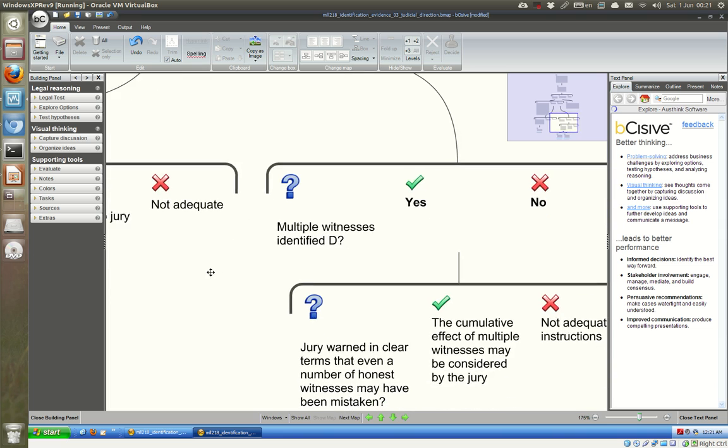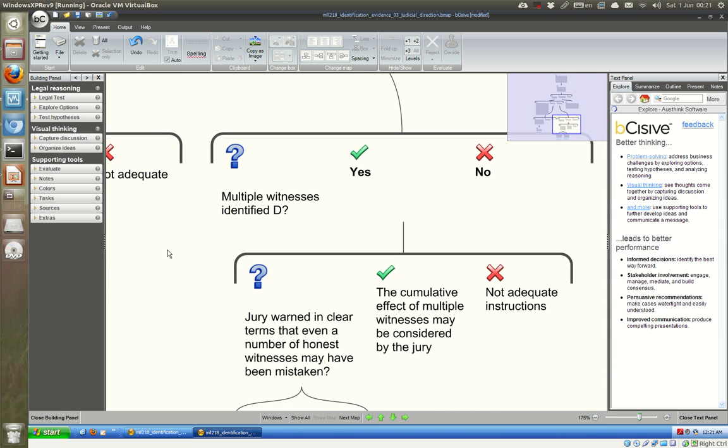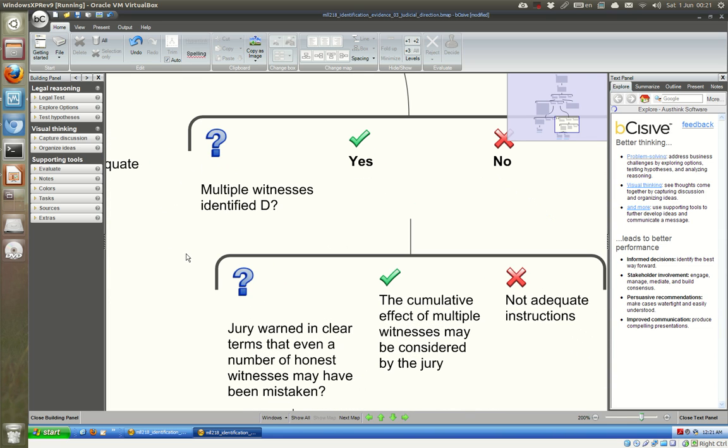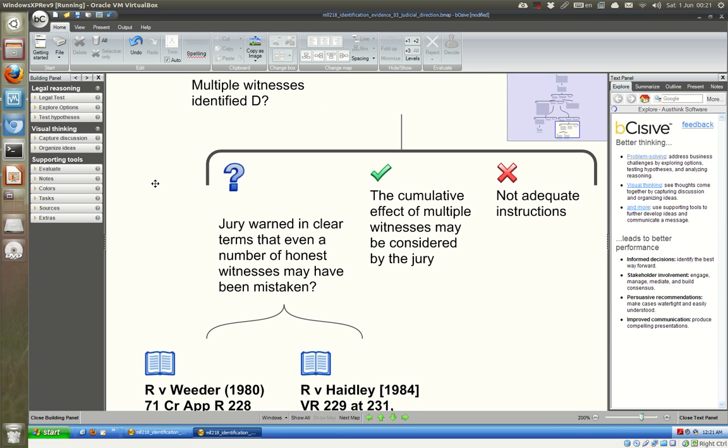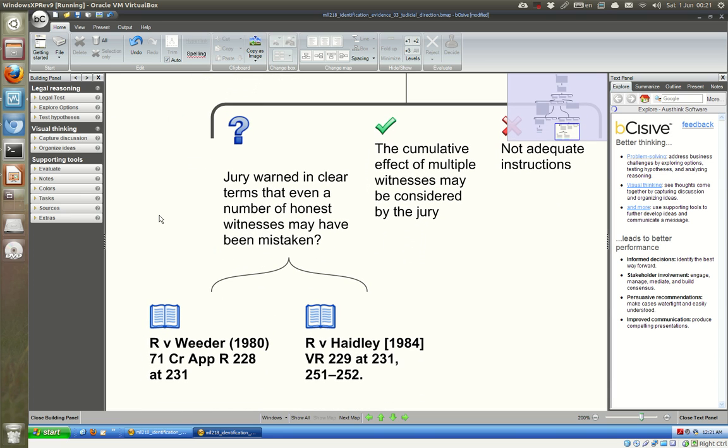If there are multiple witnesses, if the accused has been identified by a number of different witnesses, then the jury has to be warned in clear terms that even a number of honest witnesses may have been mistaken, referring to the cases of the Queen against Sweden 1980 and the Queen against Haley in 1984.